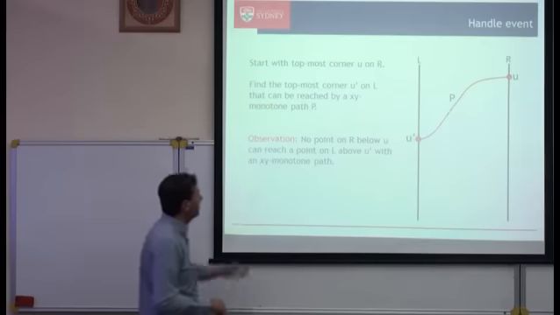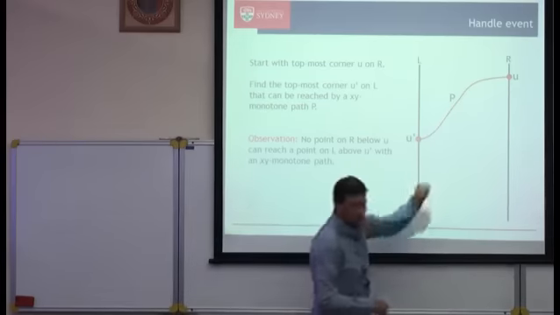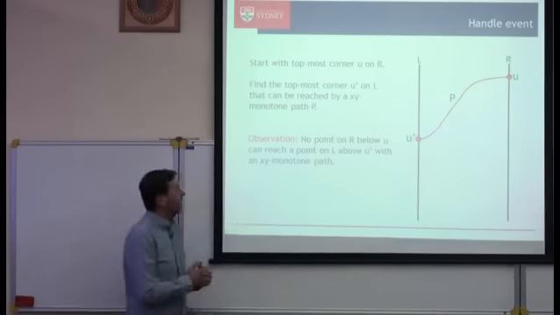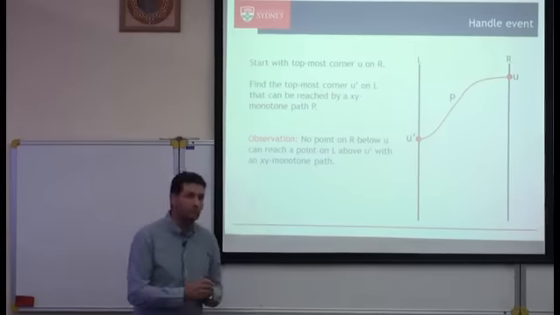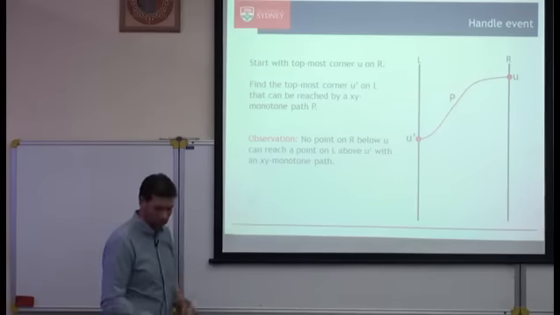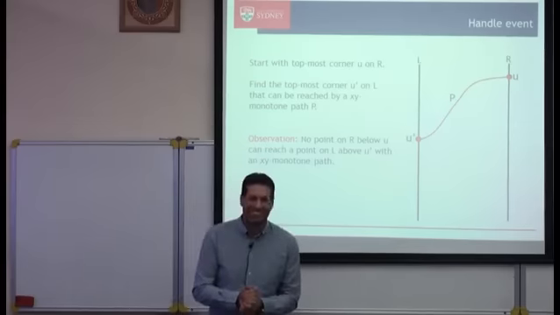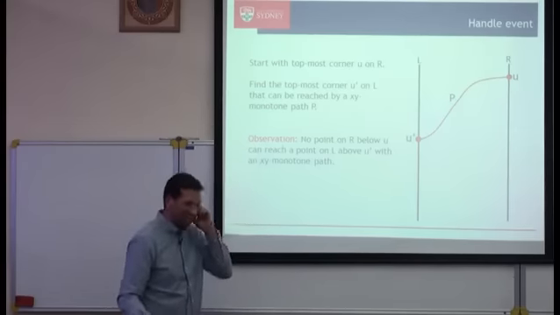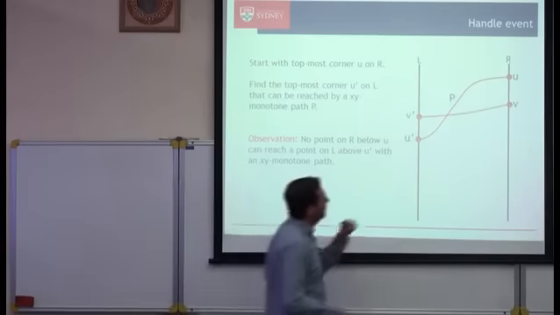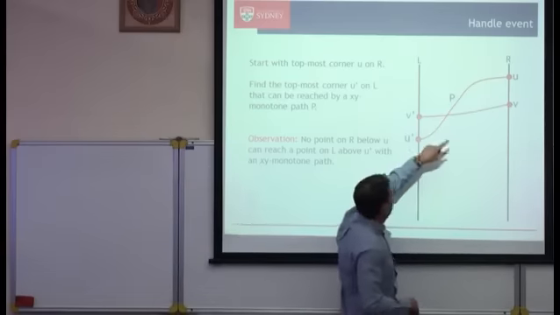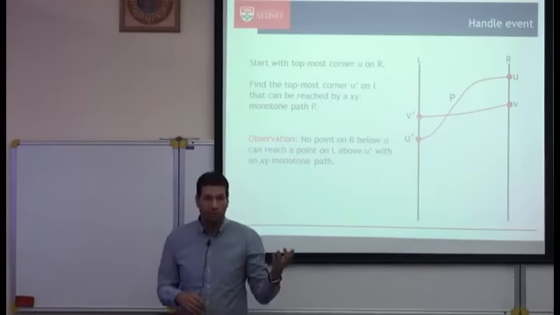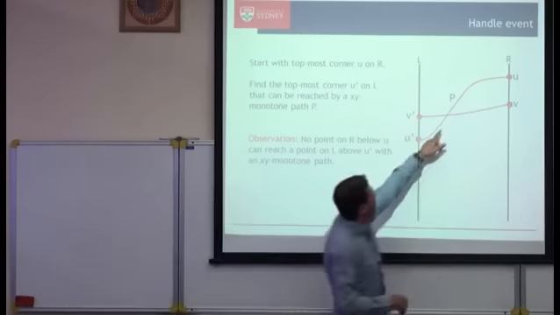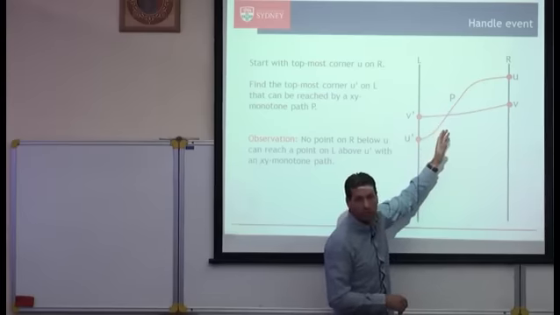Okay. So now the observation is that no point on R below U can reach a point on L above U prime with a XY monotone path. Why is this true? Well, if there is a point below you, so let's call it V, and this point can reach a point V prime that is above, well, that means that the two paths have to intersect somewhere, right?